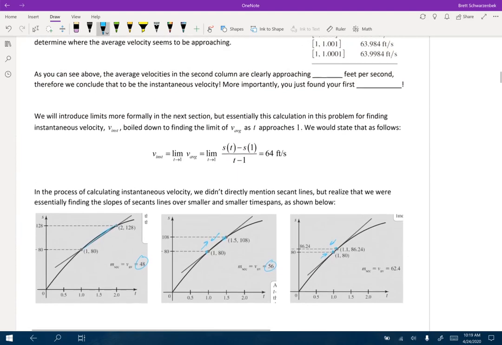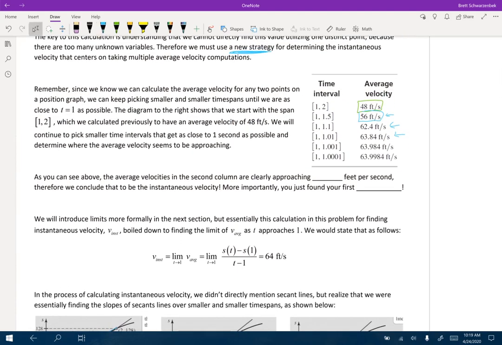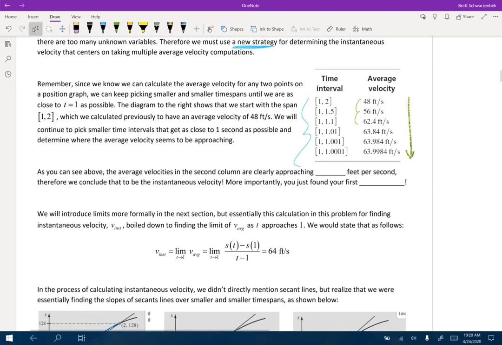But before we get there, I want you to analyze what's happening to these average velocities. Look at the values themselves. Between 48 and 56, that is a distance of 8. Between 56 and 62.4, we're at 6.4. Between 62.4 and 63.84, now we're at 1 point something.